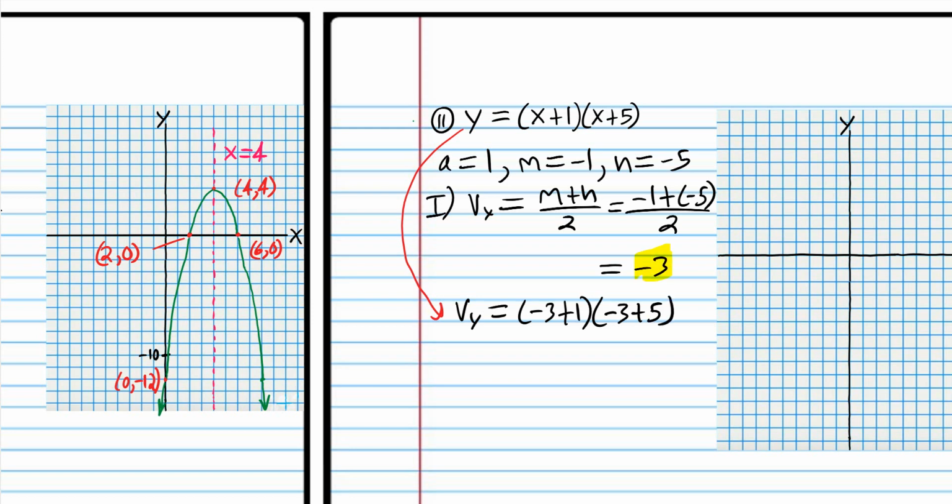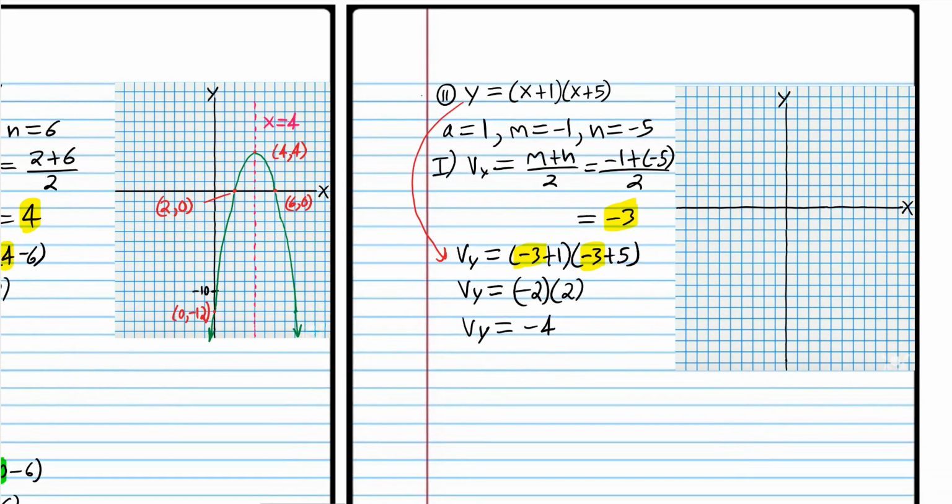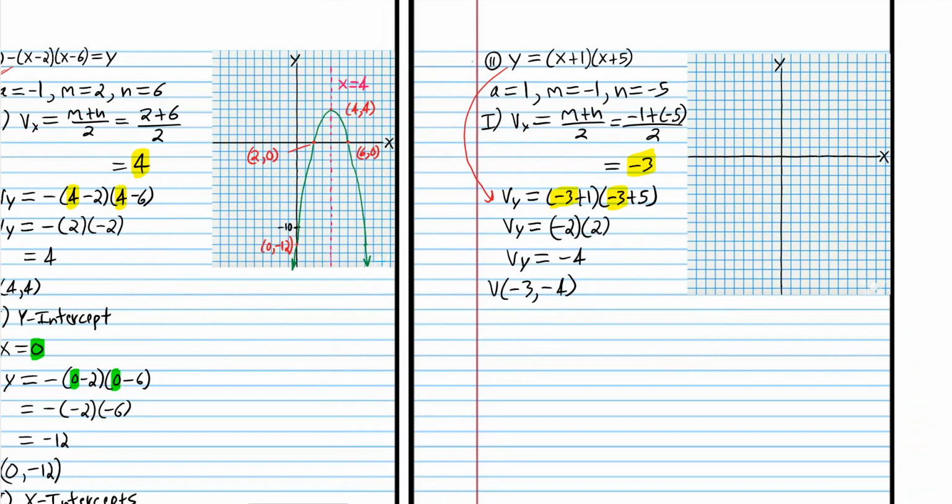So just to be absolutely clear, we got that -3 from there. Okay, and then we're just going to do the math, and we get -2 times +2, which is -4. So the vertex is (-3, -4).